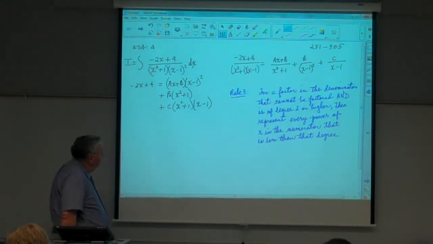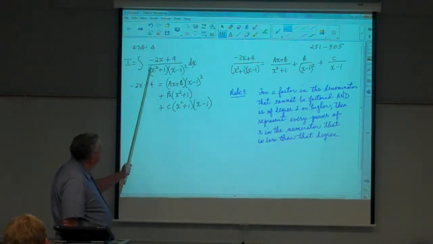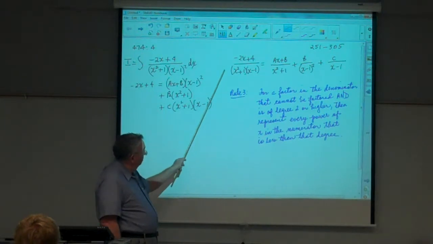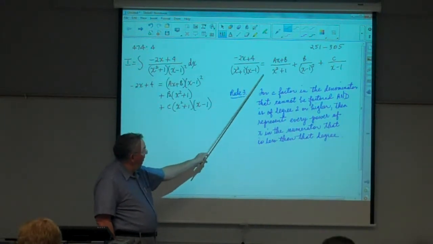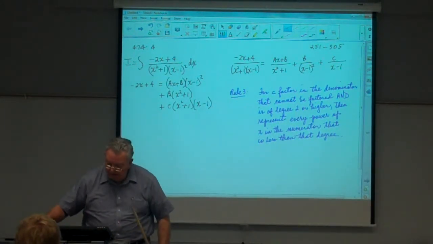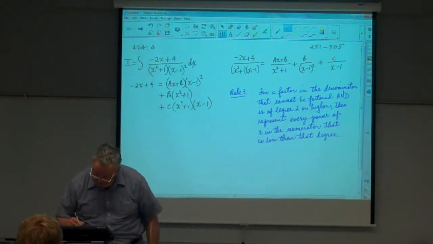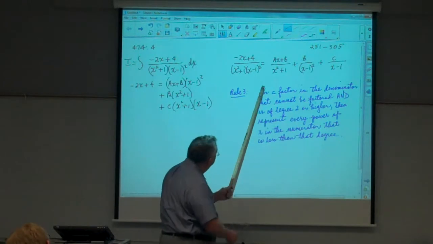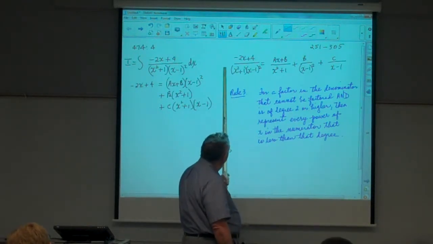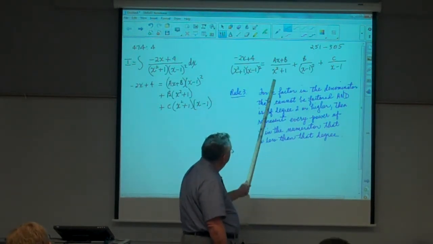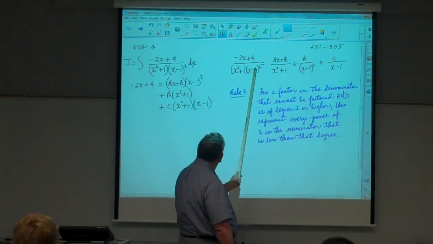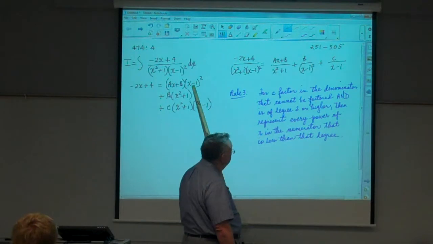I am multiplying everything by this. So if I multiply, and I left off a square right there, didn't I, when I copied it. So when I multiply this times this fraction, all that's left is ax plus b times x minus 1 squared.